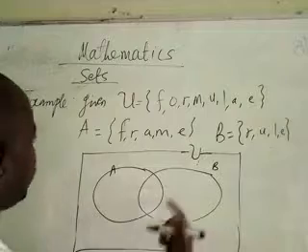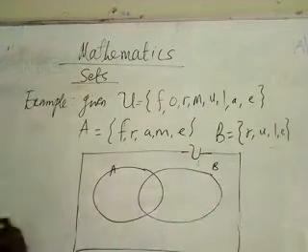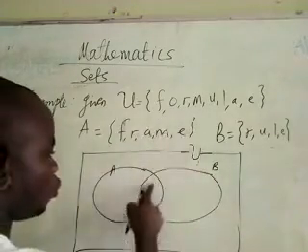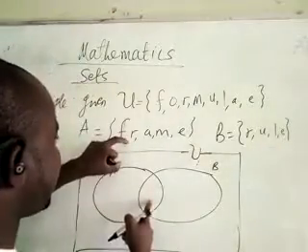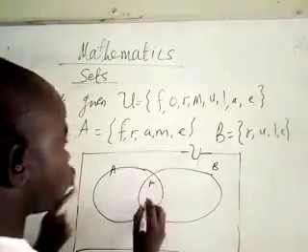Are you getting it? So initially, what was our A intersection B? I said those elements that are common to A and B are the ones you're going to write here. Do you understand? What are the elements that are common? R is common, you put it here. Now E is common, you also put it here.